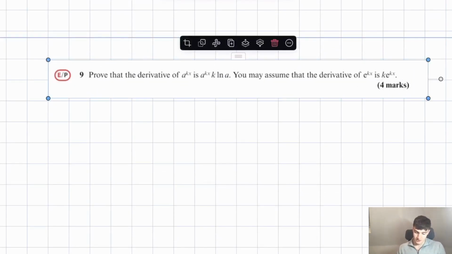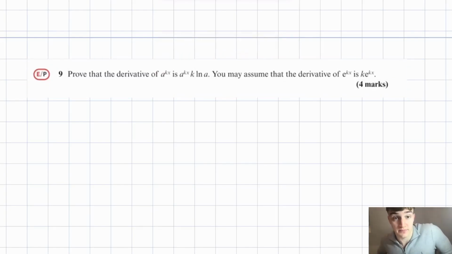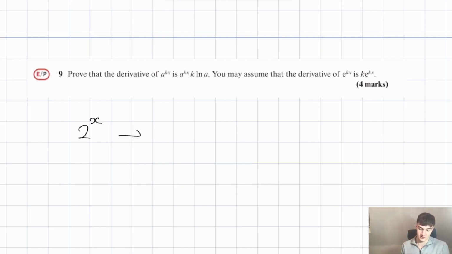So, question 9. This is a general version of what I talked about right at the very start. At the very start, I looked at 2 to the x, and I showed you that that should differentiate to ln 2 times 2 to the x.